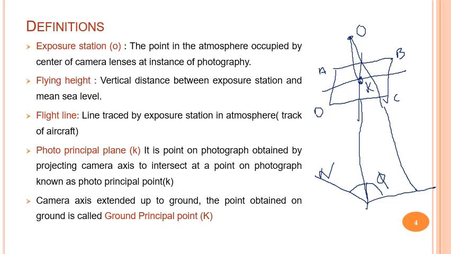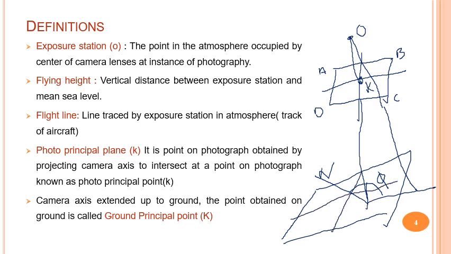I am drawing here the ground surface. This point is called the ground principal point K, and this point is called the photo principal point K.